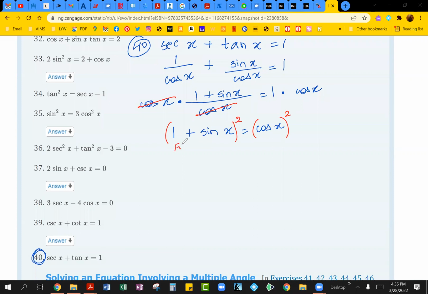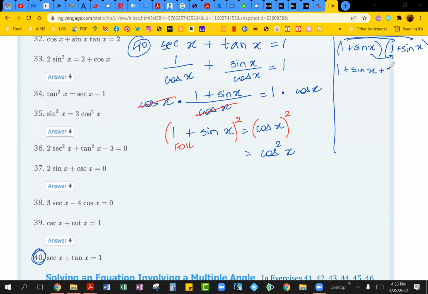So remember, you will do FOIL on the left-hand side. On the right-hand side, you're just multiplying cosine with cosine, so this will become cosine squared of x. On the left-hand side, if you want to do it on the side as scratch work, we are taking 1 plus sine of x and multiplying it into itself. So 1 times 1 will give us 1. 1 times sine of x.